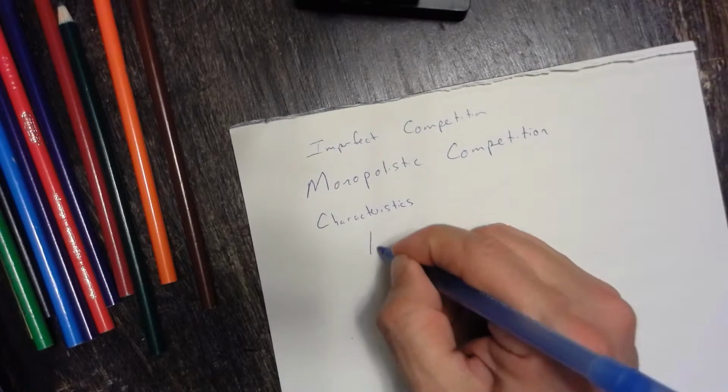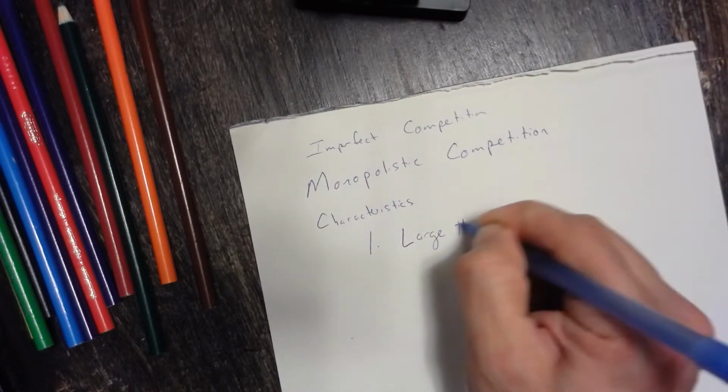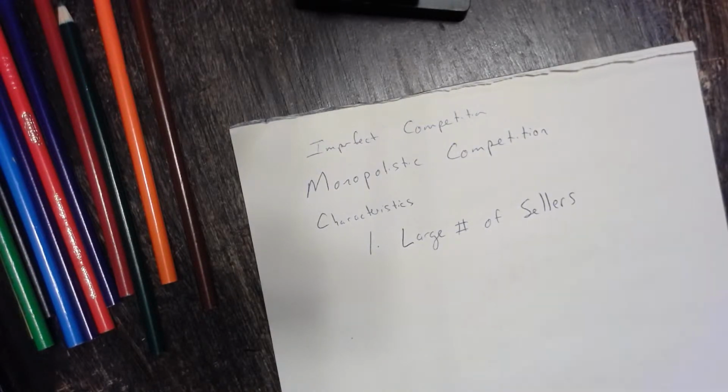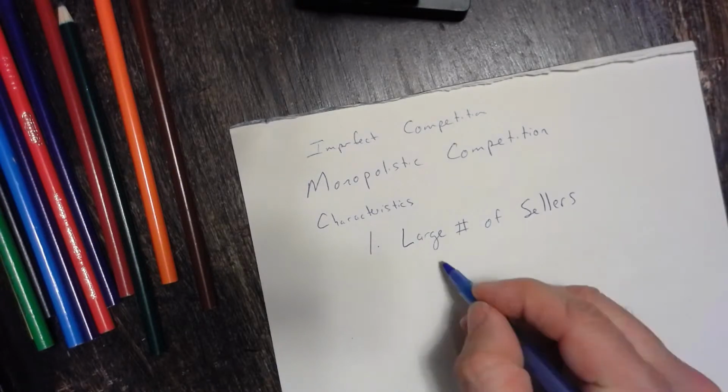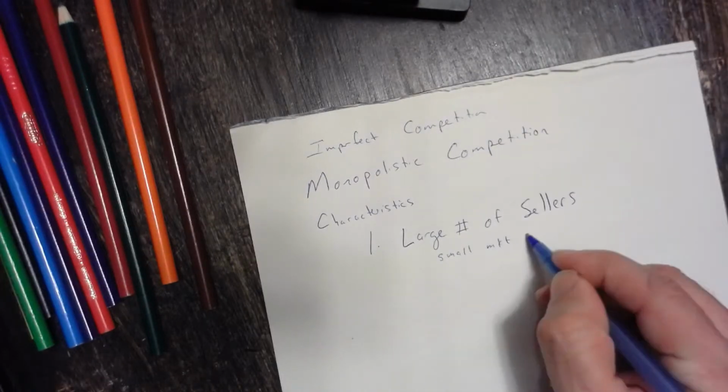First characteristic: there is a large number of sellers. A couple things we want to be sure of is that they have a small market share.